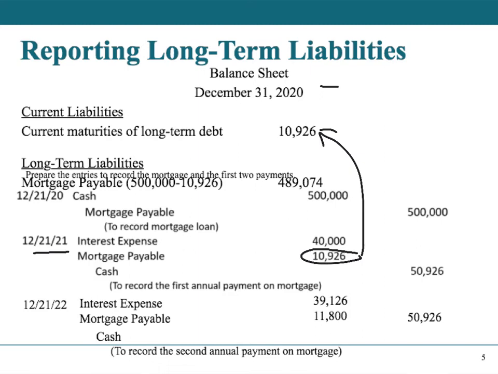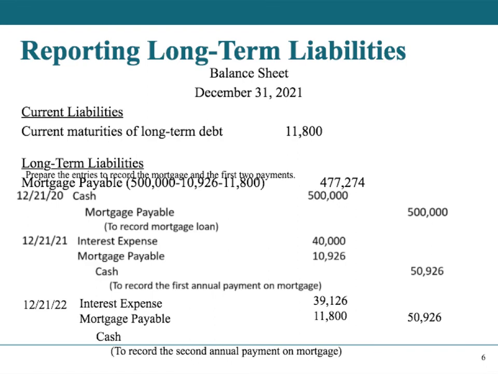Well, the total outstanding borrowed amount is 500,000. So take your 500,000, subtract what's current. The remaining balance will be long-term debt. And I actually put one more year. So this is 2021, so it's a little bit more cumbersome. For that one, if you look at the journal entries, I'm looking for the year 22.